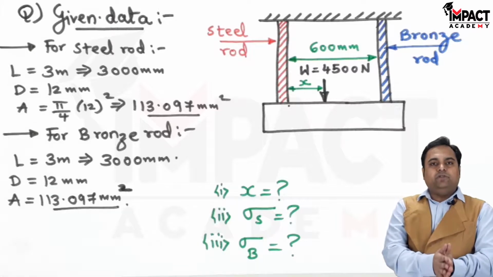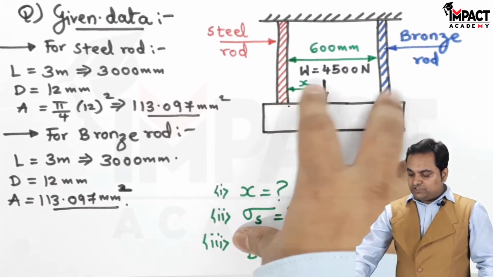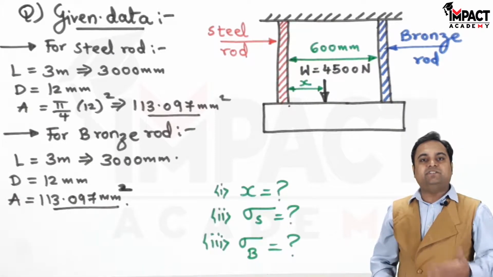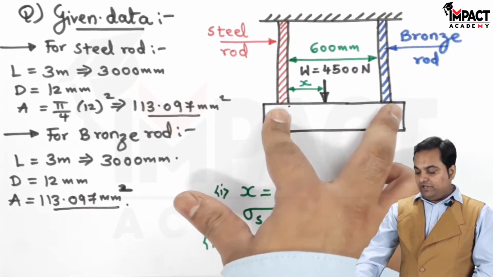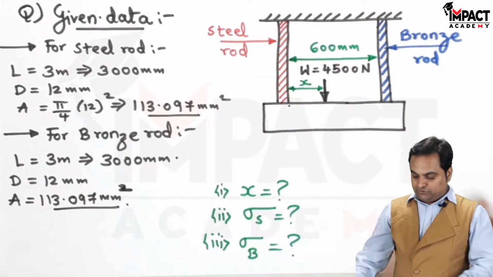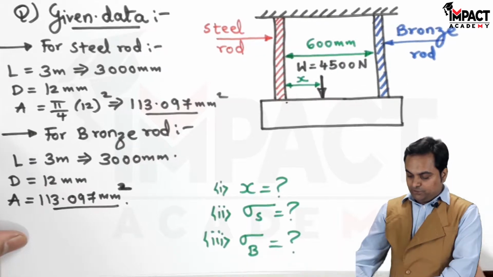Now how I would be solving this question is, since both the rods are subjected to the same load, this can be treated as a problem of bars in parallel where the strain in both the rods are same because the lengths are same and subjected to same load. So I'll start the solution part.